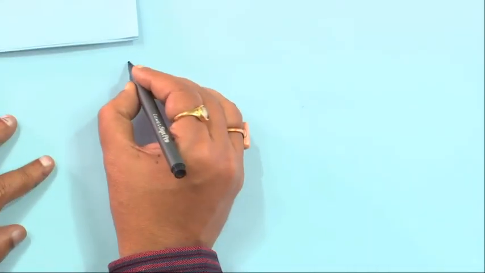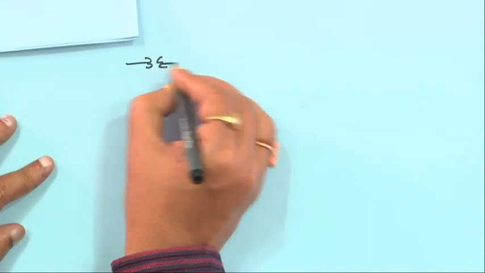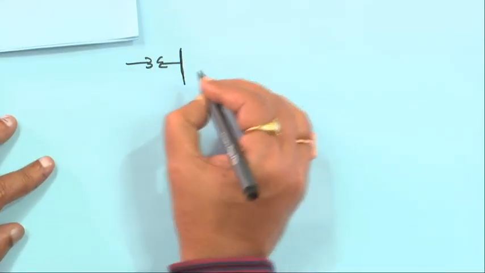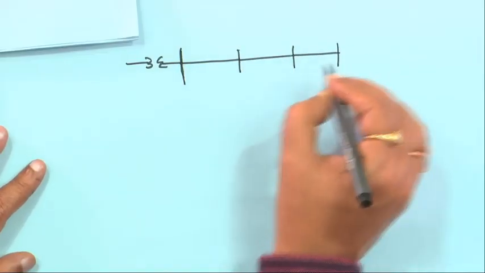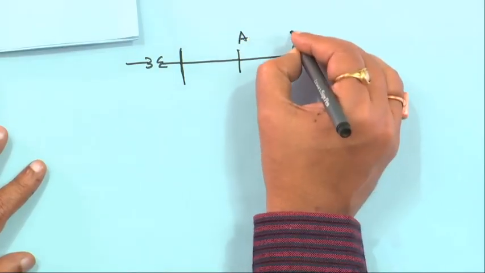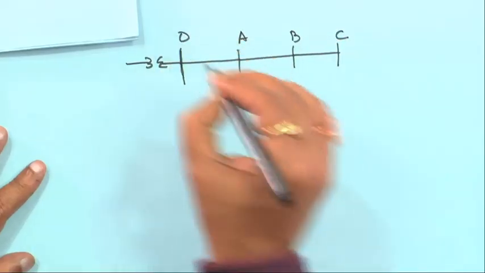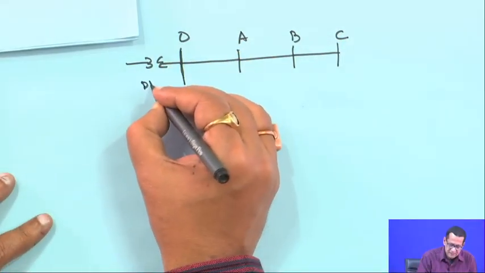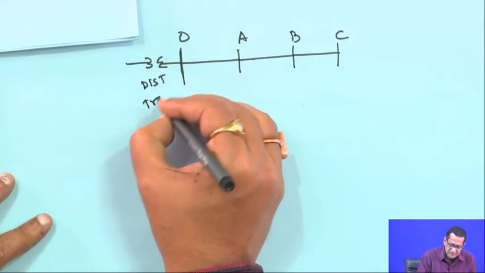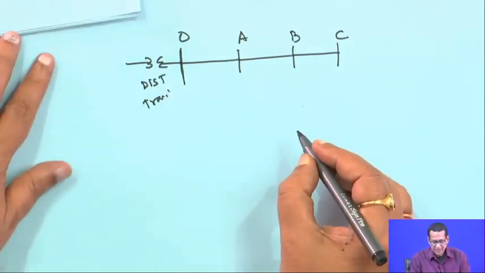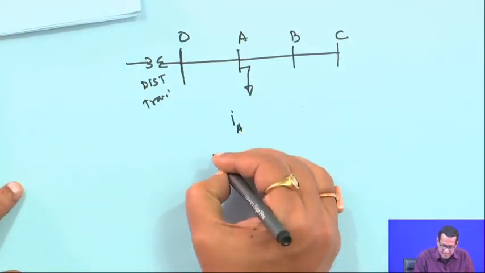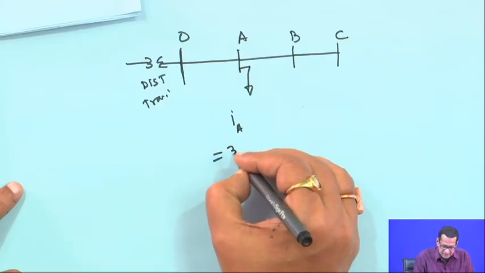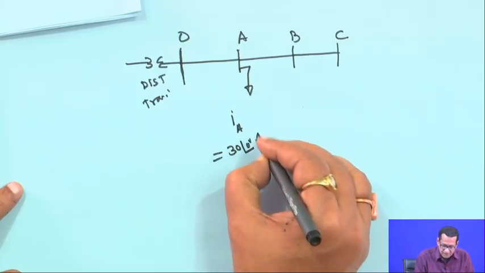Suppose you have a distribution transformer, these are your nodes, this is point A, this is B and this is C, this is O, right, this is your distribution transformer. Here the current IA is given as 30 angle 0 because unity power factor.